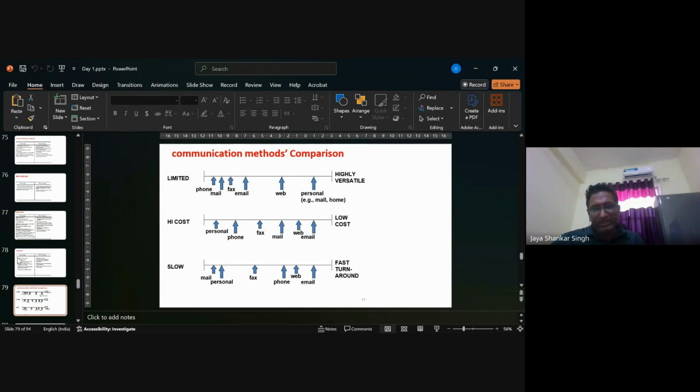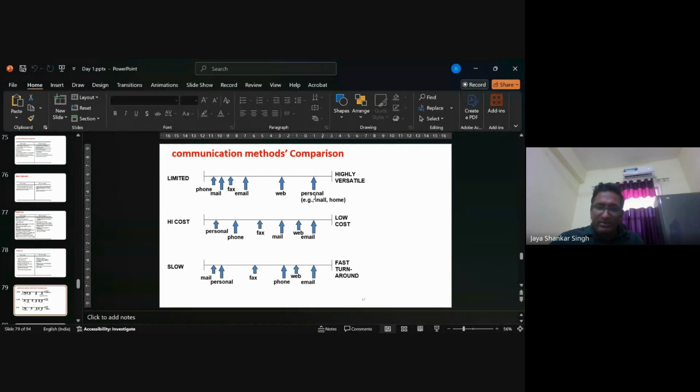This particular slide is showing which is high cost and which is low cost. Email is low cost. Personal interviews will be high cost. Phone will be limited. Personal interviews, as I said, are highly versatile. If you go and interview the person personally, the best example is the census done by the government.